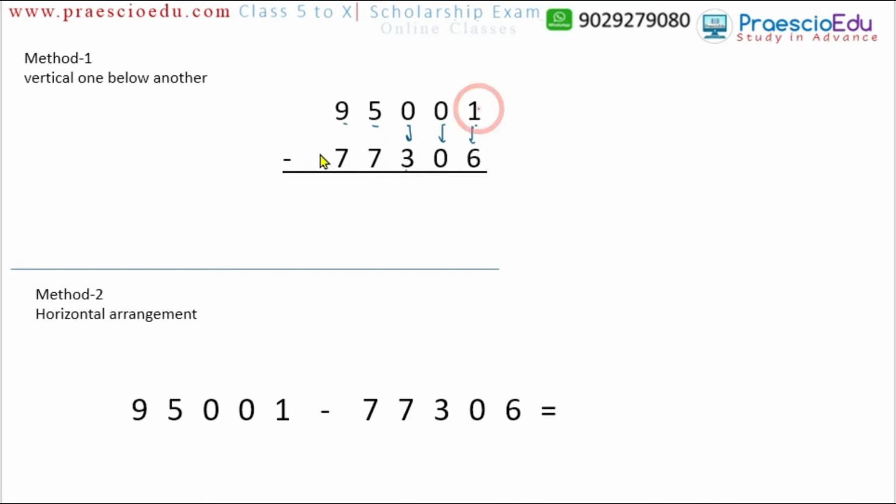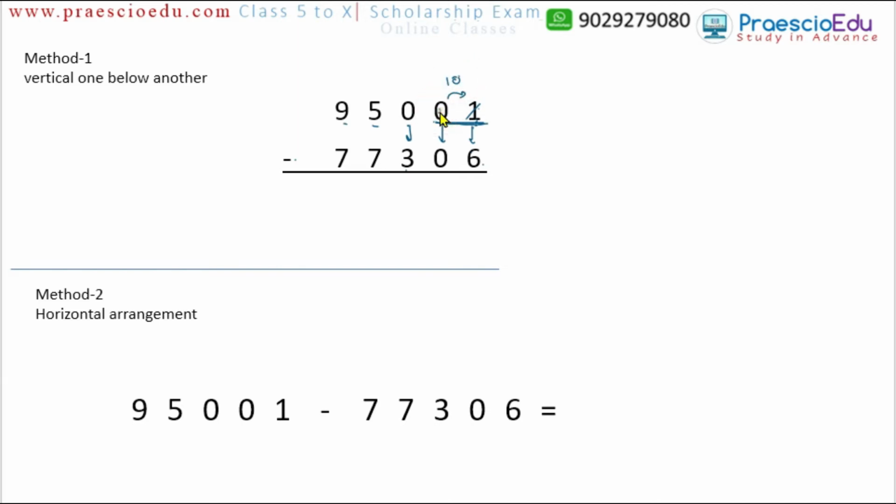Now, 1 minus this 6, is it possible? No. So what will we do? This 1 should come with the addition of 10, so from here we will bring the tens. Now we consider only these two places: if this is a unit place, then we consider the next one as tens. From here we will borrow the 10, but here there is 0, nothing is there, so it cannot give us the 10.